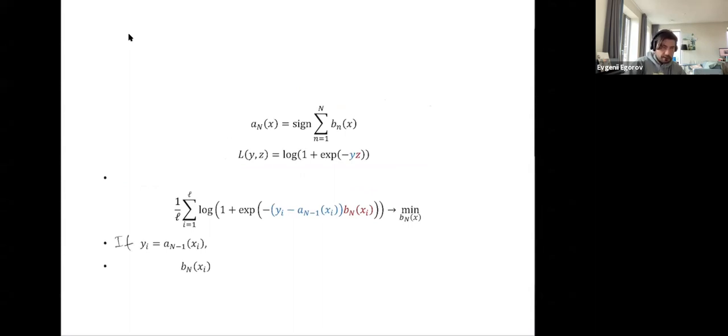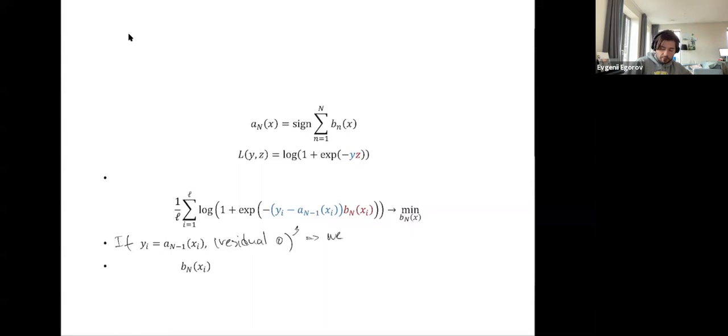So if the residual is equal to 0, this means that we already predict the correct label for object xi with the current ensemble. So what does it say?